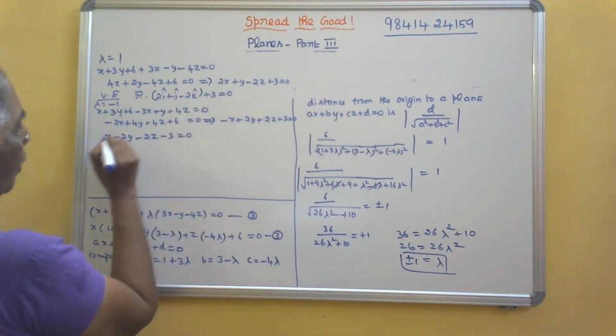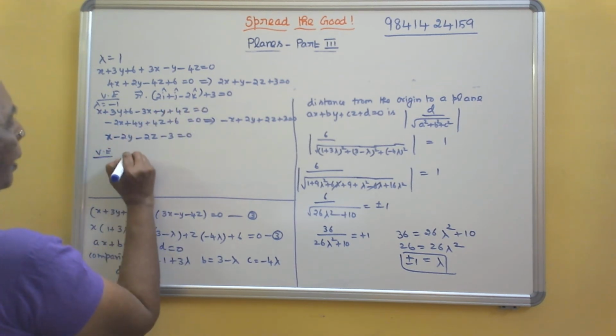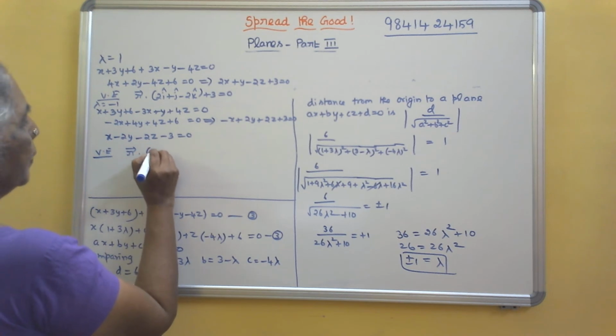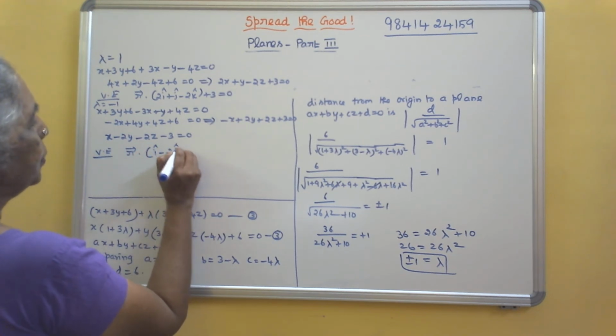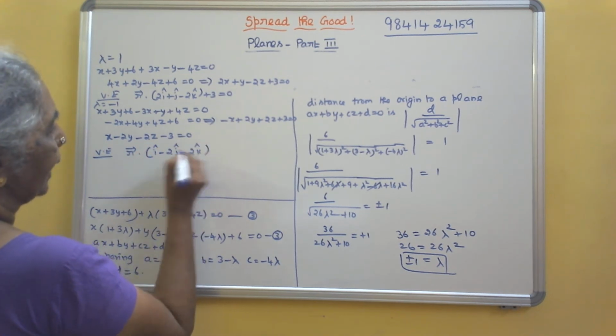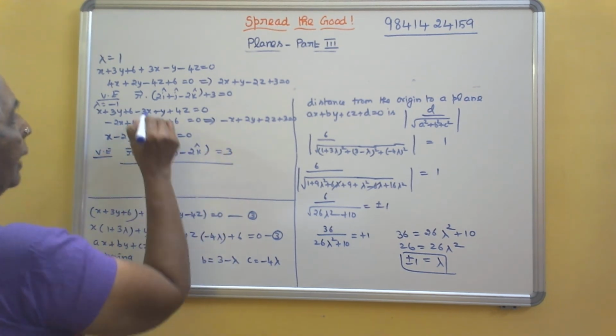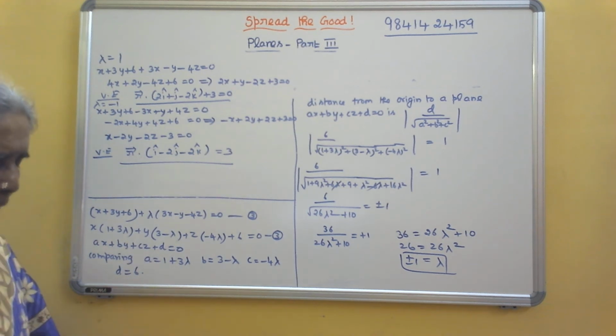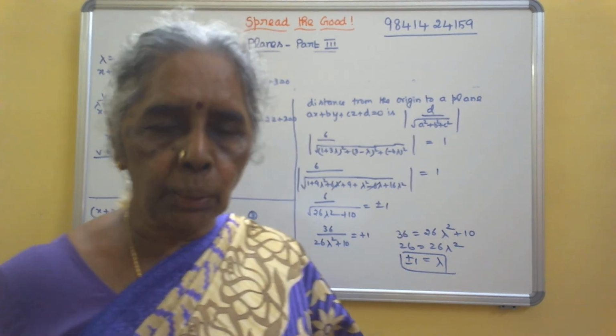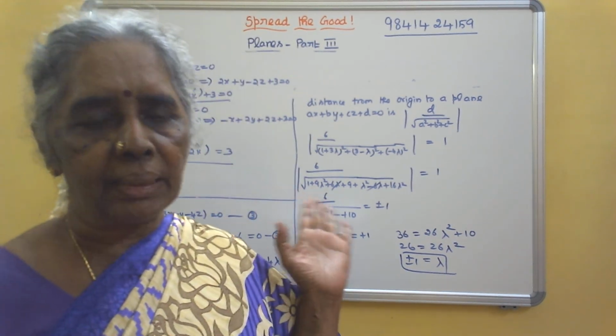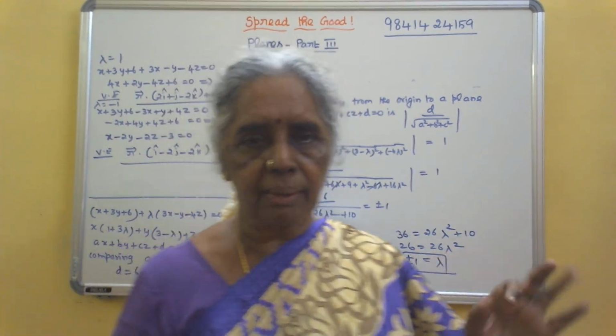So now the vector equation will be r vector dot i cap minus 2j cap minus 2k cap, and this minus 3 I can write here as 3. So this is one equation, this is another equation. These two are the equations of the required planes. Hope these three models are clear to you.